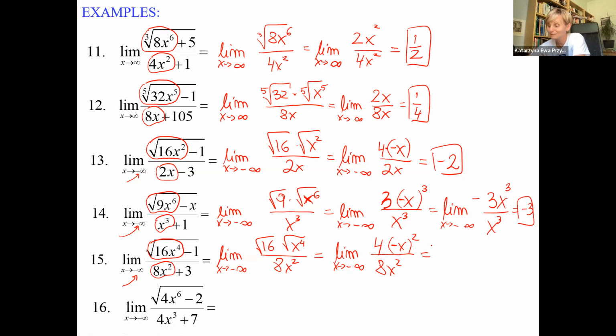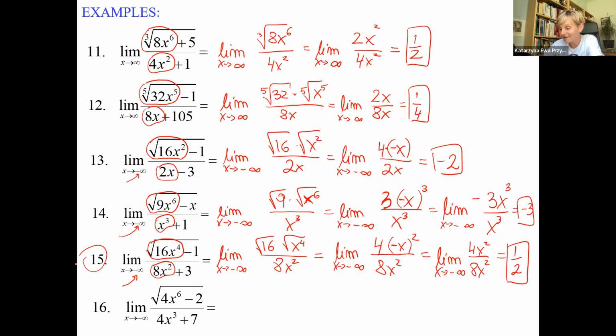Okay, but everything is positive, as we said. -x squared, I can rewrite this, and it will become positive x squared. Even if it's -infinity, x squared is cancelled out, 4/8, 1/2. That's interesting. Even if x is approaching -infinity, the answer is positive.